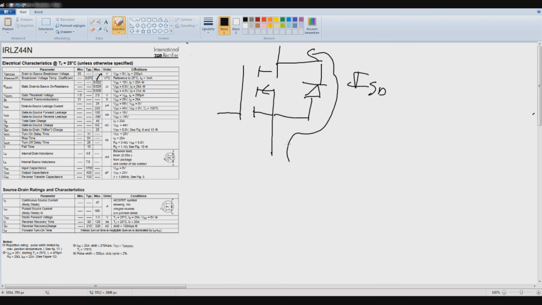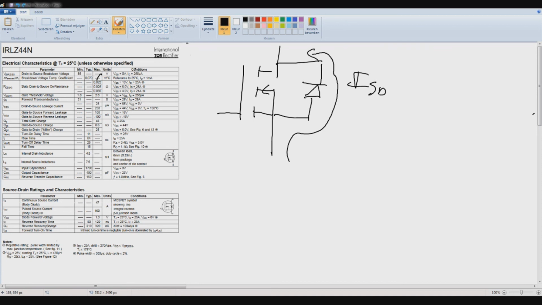Let's say it's flyback voltage from a motor or transformer, and the maximum it can continuously conduct is 47 amps. Pulsed, and again, you have to look at note 1, as we saw before, and now we can see it. It says, take a look at figure 11, but it's actually just 160 amps, and then we actually have to look at the figure to see under what conditions, but that's not needed.